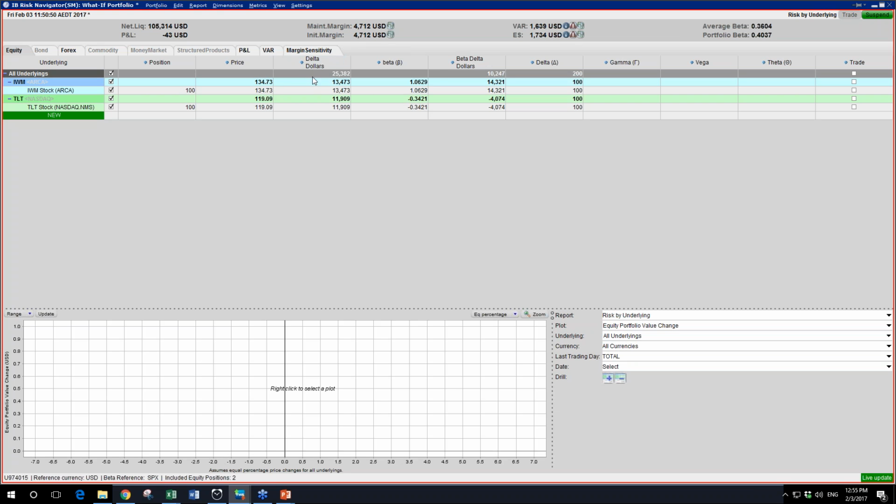So yes, it does increase our delta dollars, but if you look at our beta weighted delta dollars, TLT is actually negative. So you can also look at this number if you're trading lots of different underlyings. GLD as well generally has negative beta. It moves in the opposite direction to the market. So that can be a way to reduce your risk a little bit if you trade that way.